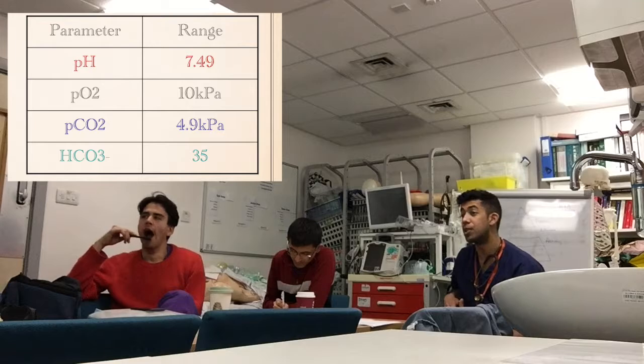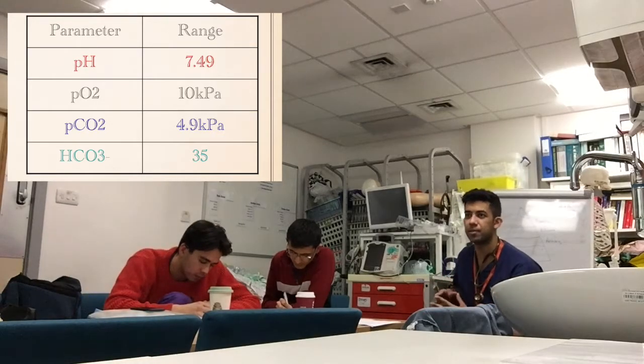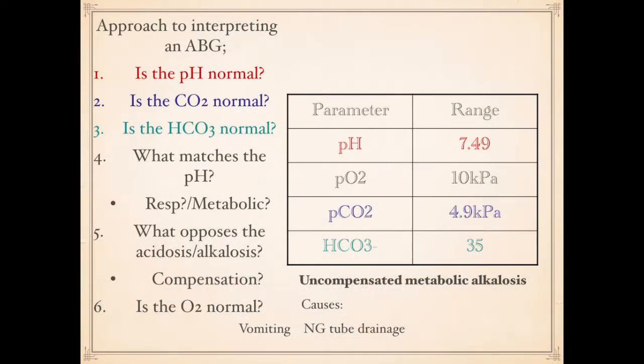And then NG tube drainage, kind of the same thing because you're aspirating gastric juices. Those are generally the causes of it. It's not something you see all that commonly. I suppose in acute surgical conditions like a bowel obstruction, you might see persistent vomiting and then that would cause it. Okay. Moving on.